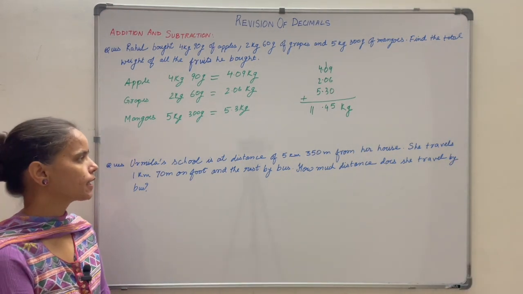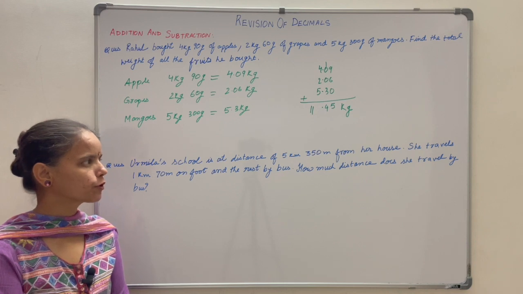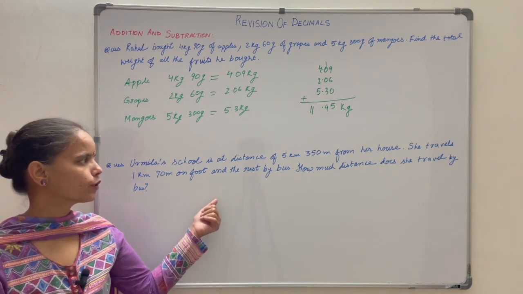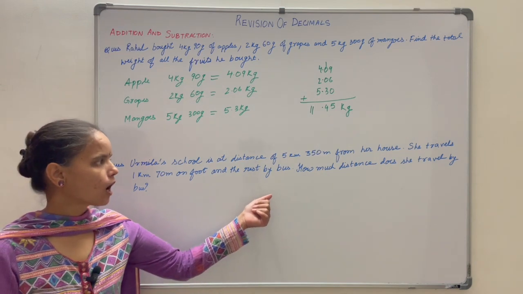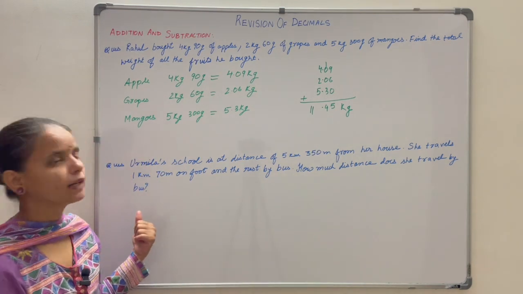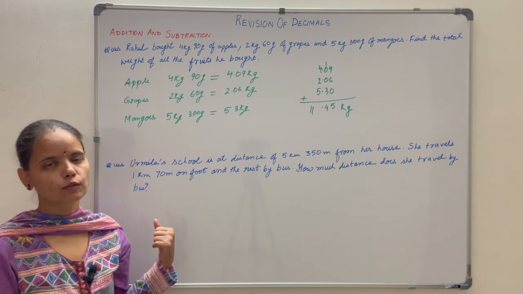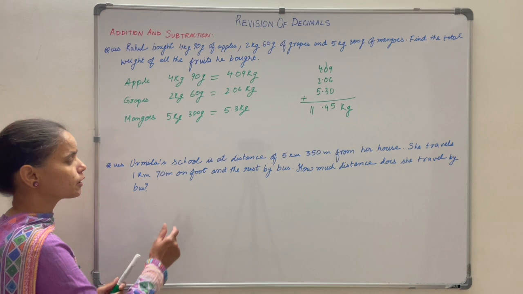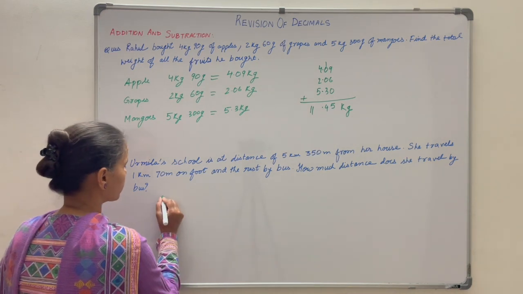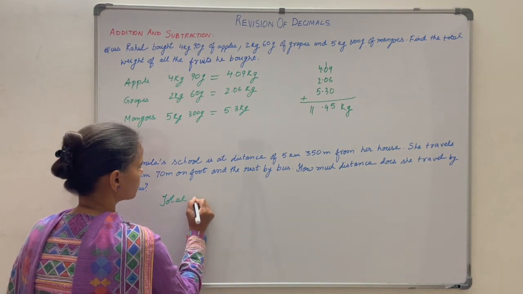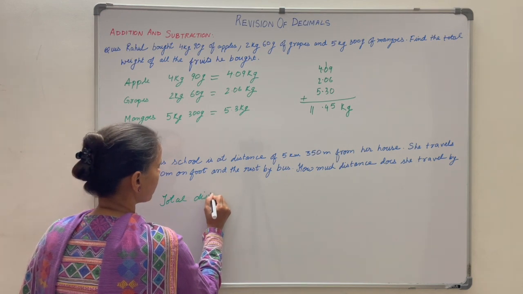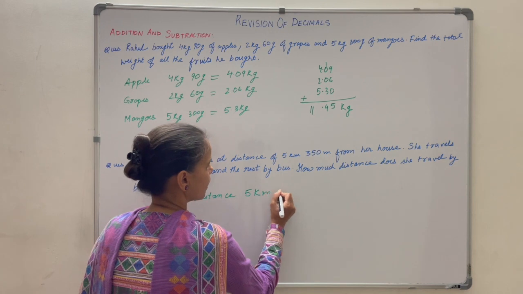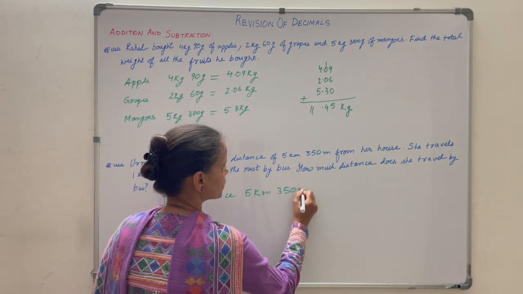Urmila's school is at a distance of 5 km 350 meters from her house. She travels 1 km 70 meters on foot and the rest by bus. How much distance does she travel by the bus? So the total distance Urmila has to cover is 5 kilometers and 350 meters.